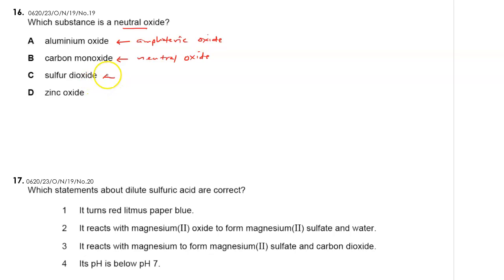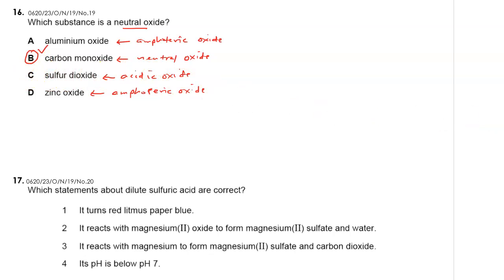Sulfur dioxide, this is acidic because it's made of non-metal. And zinc oxide, this is amphoteric. It is both acidic and basic. So the only neutral is carbon dioxide. It is neither acidic nor basic.